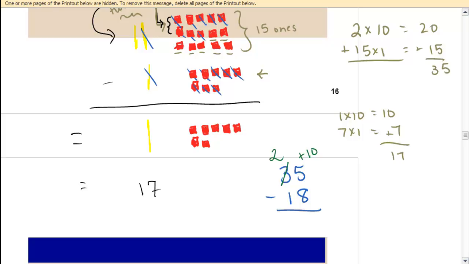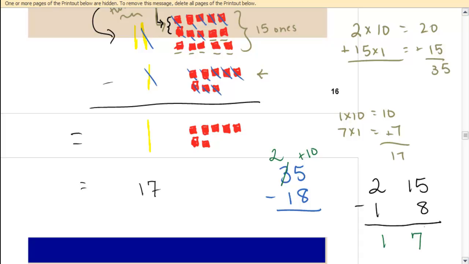So essentially what we're really doing is taking a 10 and a 15 in our big number and subtracting a 1 and an 8 in our smaller number. And when we do this, we end up with 17.